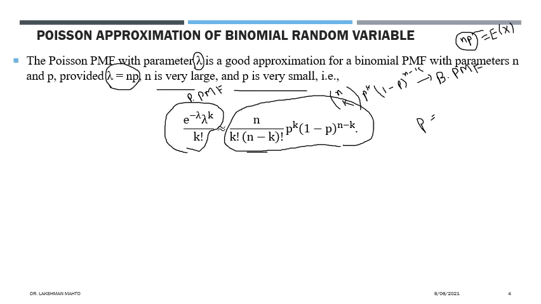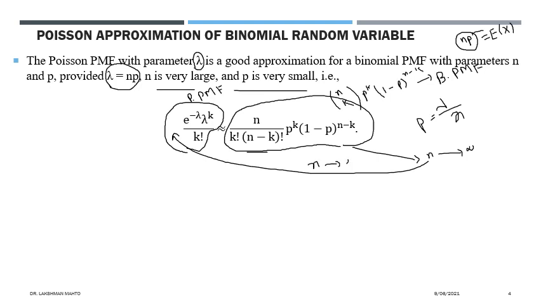So here you substitute p equal to lambda by n. After that this quantity will take a special expression in terms of lambda and k. Then you take the limit n tends to infinity, and easily you will see that this turns into the exponential form.